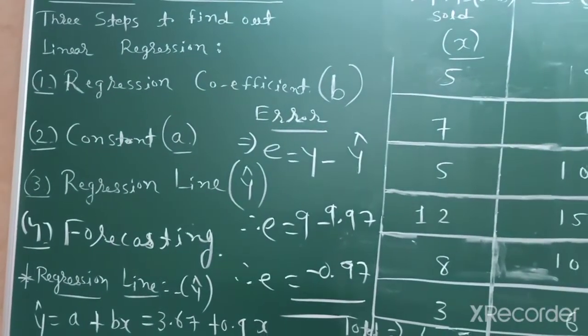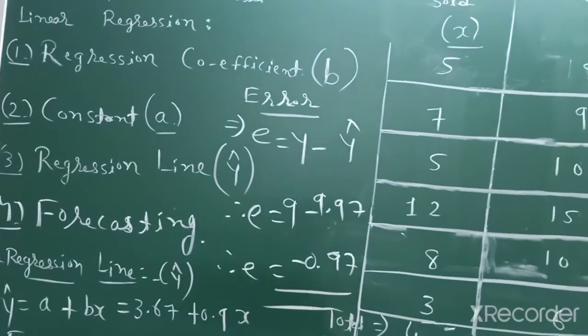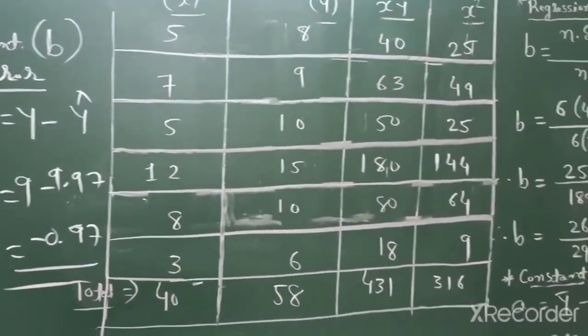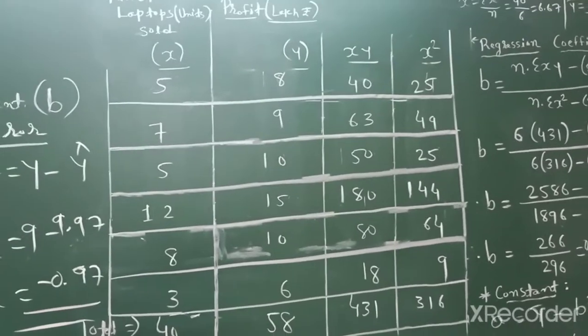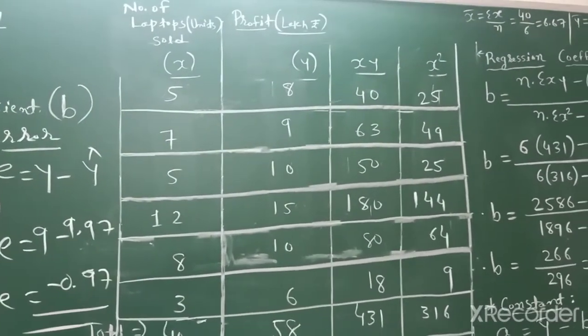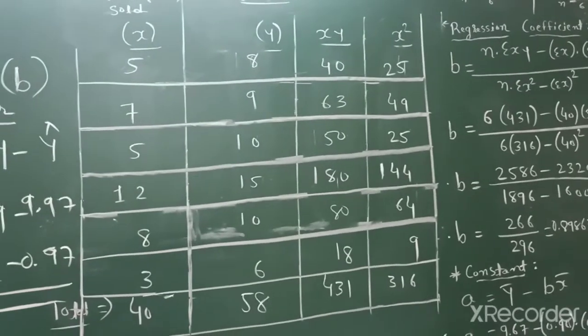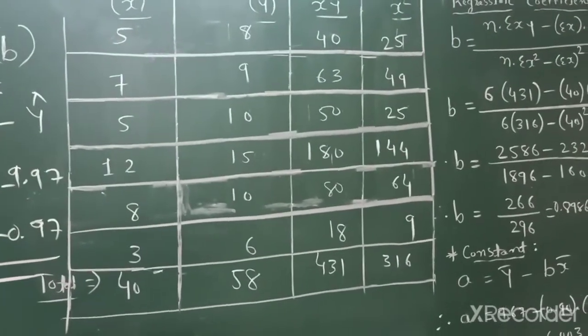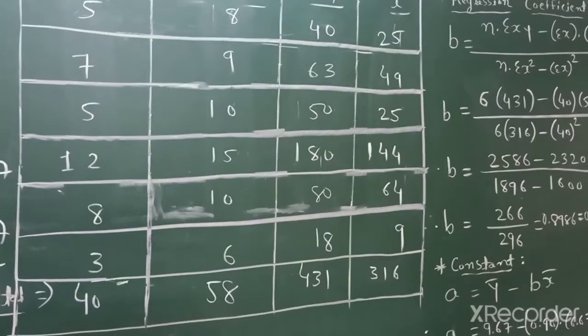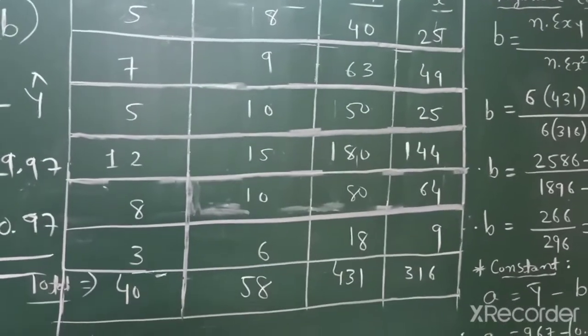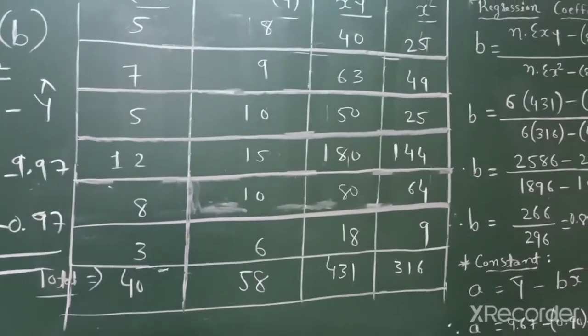And here a new error is also there in this particular sum. Here is the question before you, students. Two columns: number of laptops sold, that is X, and profit, that is Y. Here are all the observations: 5, 8, 7, 9, 5, 10, 12, 15, 8, 10, 3, 6.